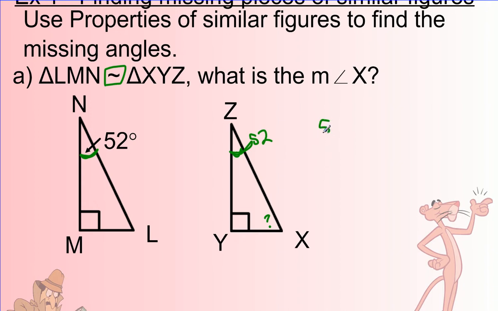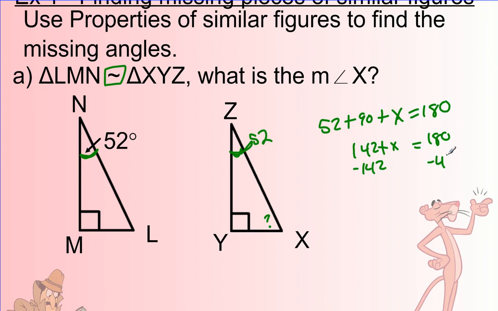So 52 plus 90 plus x equals 180. That gives me 142 plus x equals 180. And if I subtract 142 from both sides, x should give me 38.